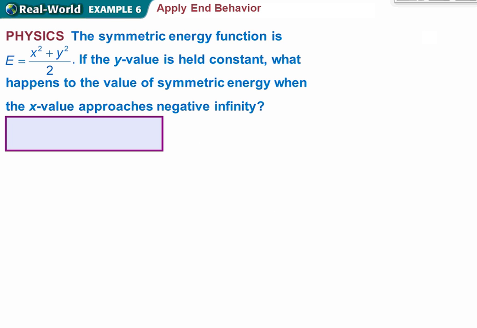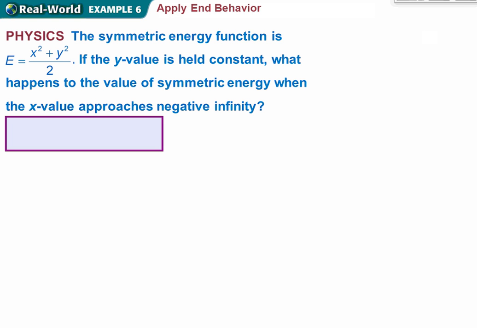Do you agree that there are 3 variables here? E, X, and Y. So the symmetric energy function is E equals x squared plus y squared over 2. If the y value is held constant, what happens to the value of symmetric energy when the x value approaches negative infinity?